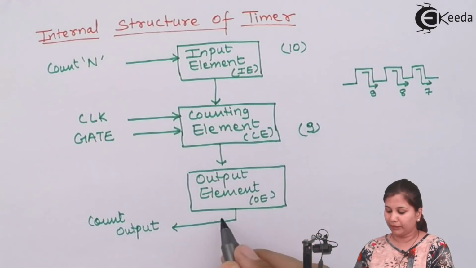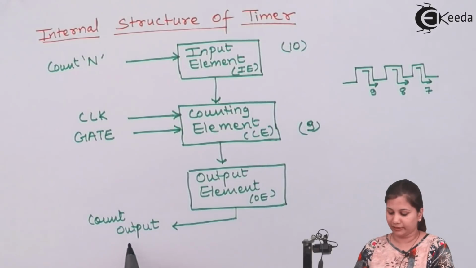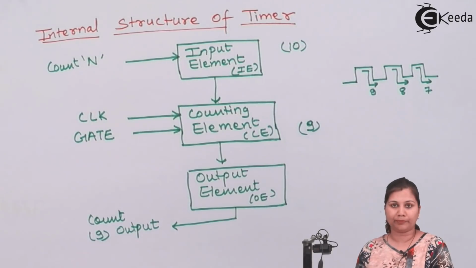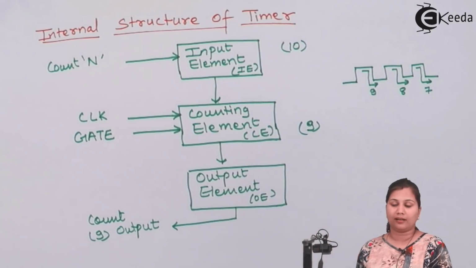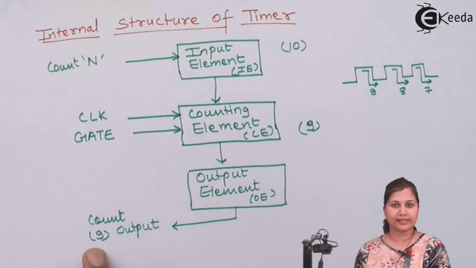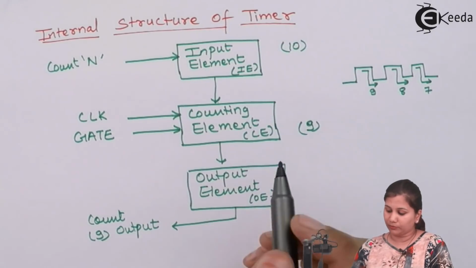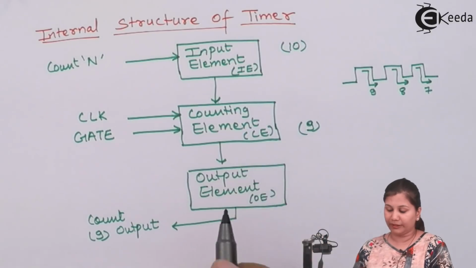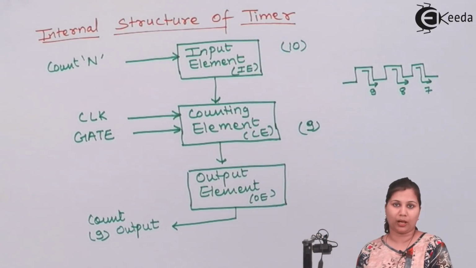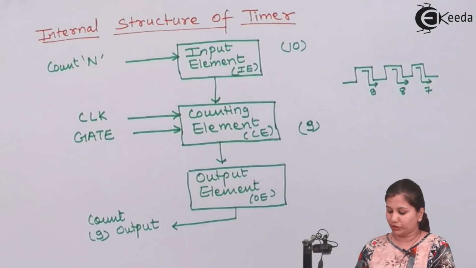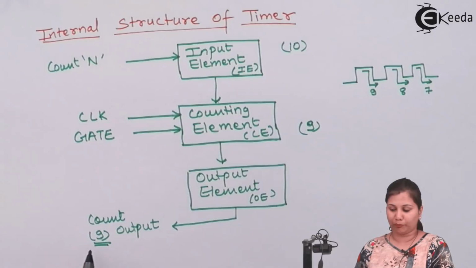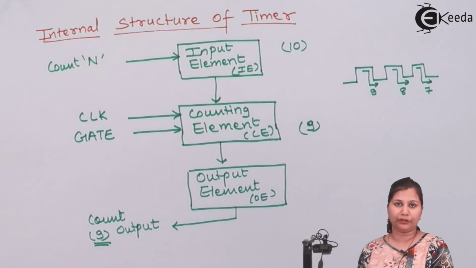So the output element will give the output here as 9. So the output element is providing the current value of the count at its output. Now suppose we want to latch the output of the counter, like if we want this 9 value to be latched, so this 9 will remain at the output and the counter will continue its decrementing.